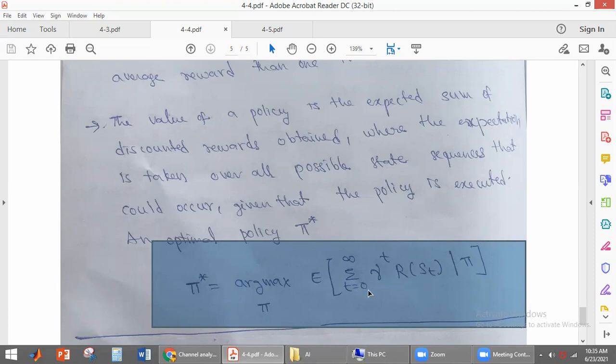For those states we write the discounted reward and find the expected value of it. That gives you the value of the policy. So what is the optimal policy? The optimal policy gives you the maximum expected sum of discounted reward when a policy is executed. That is called the optimal policy.